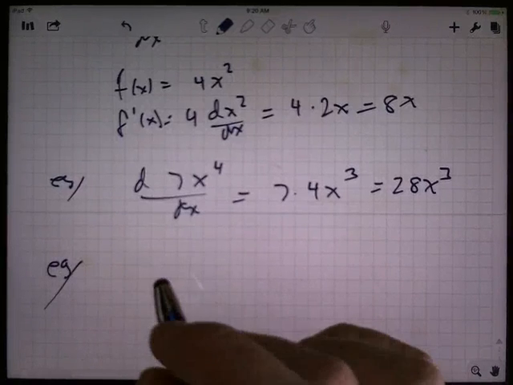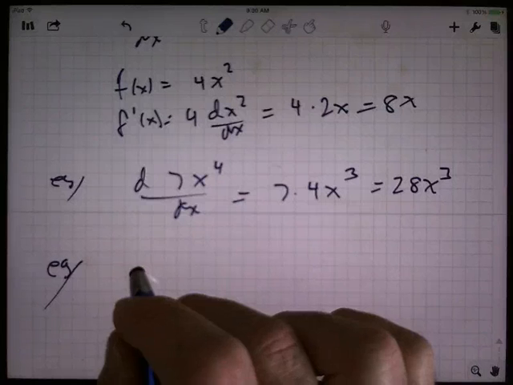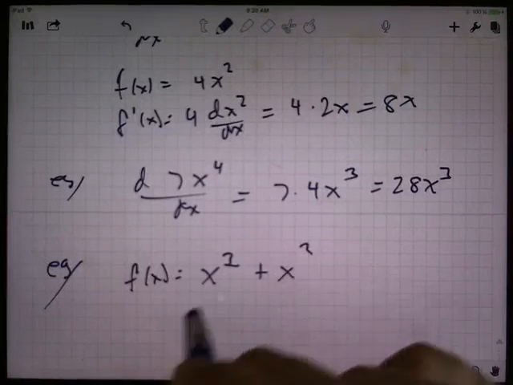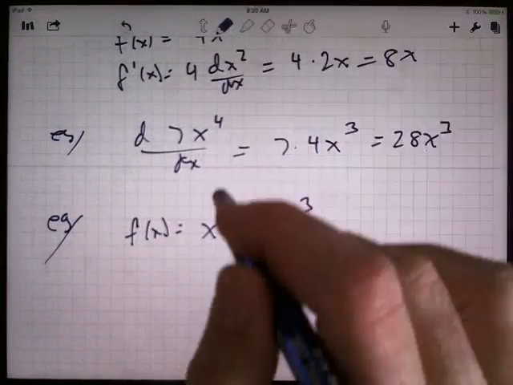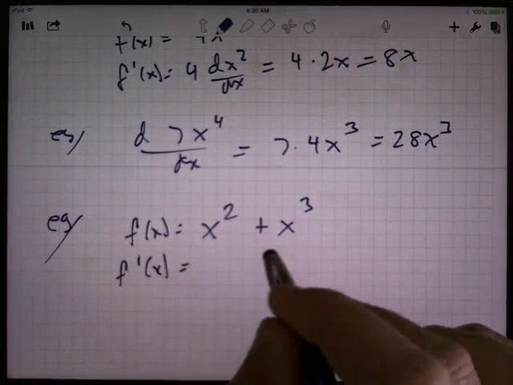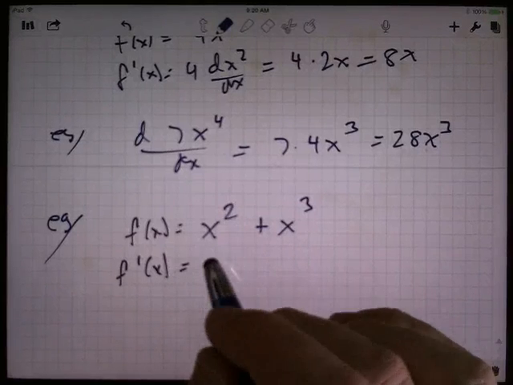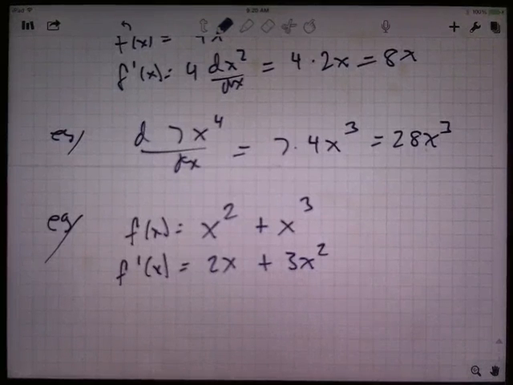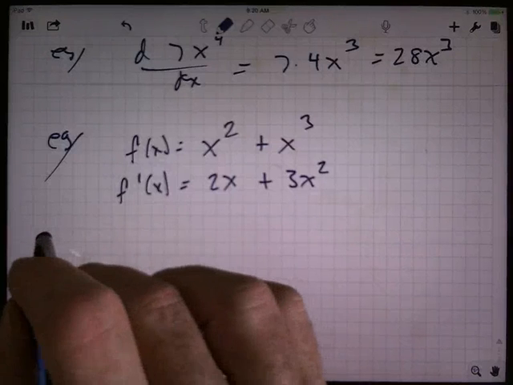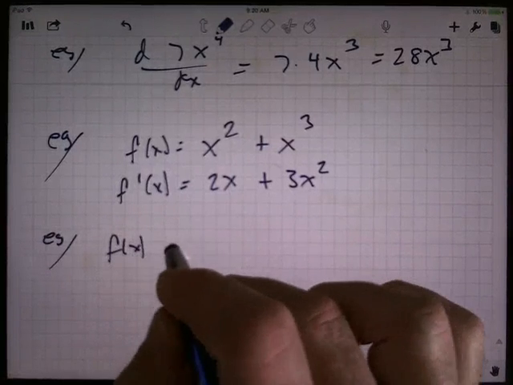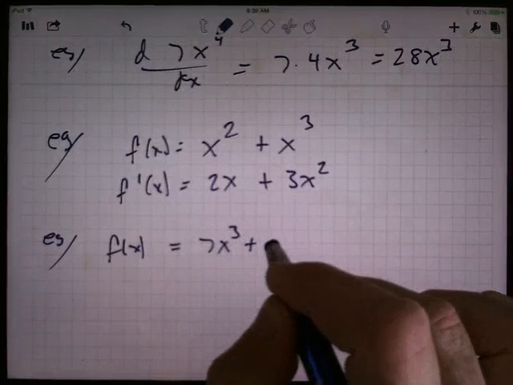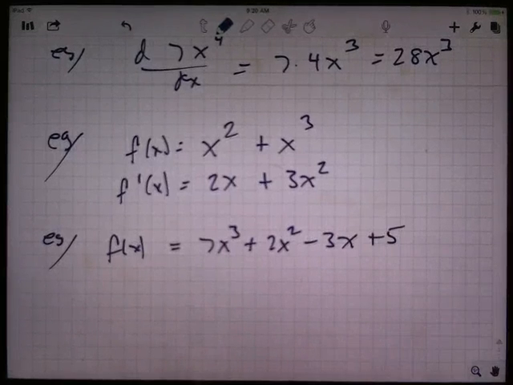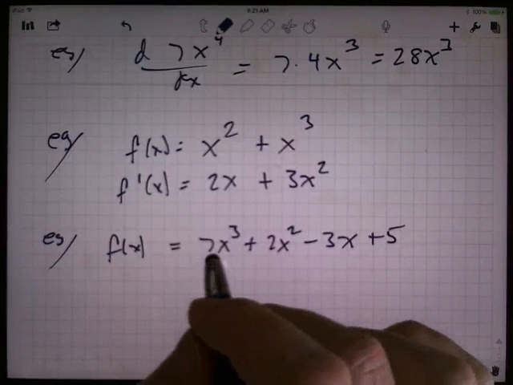An example of the second property: let's say f of x equals x squared plus x cubed. Then the derivative of a sum is the sum of the derivatives. So take the derivative of the first part plus the derivative of the second part. In this way, we can do any polynomial really easily. If I've got some polynomial like 7x cubed plus 2x squared minus 3x plus 5, I can do the following.